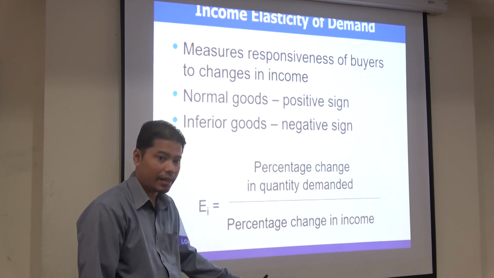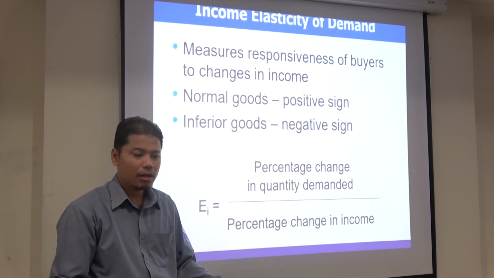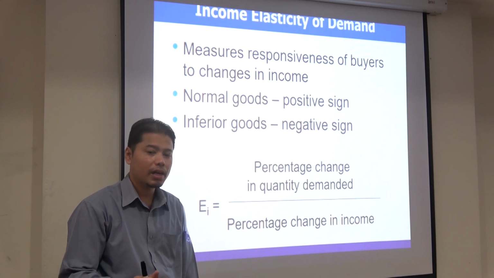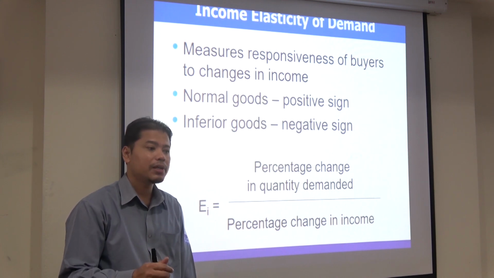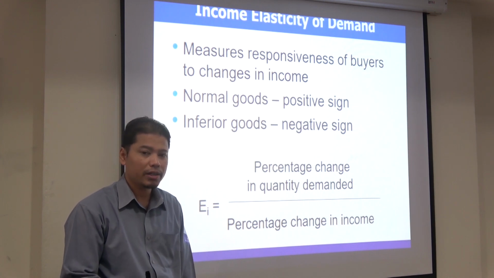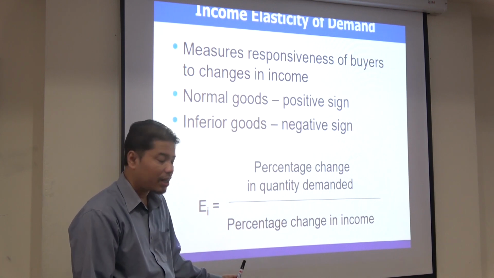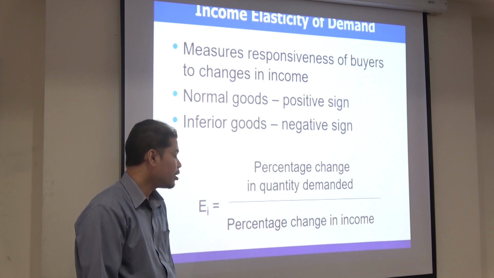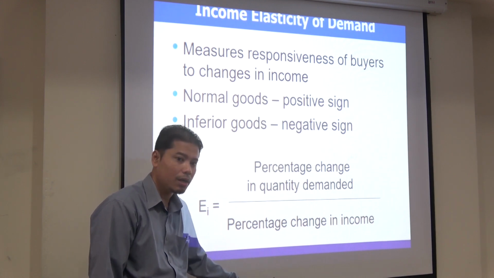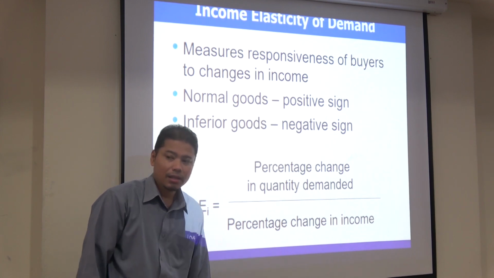Similarly, if the income of the people declines, let's say in the current situation where we have an economic crisis, so many people lose their income. So many people decided to cut down on their expenditure, buying cheaper substitutes from what they used to buy. So these products, which are inferior products, will be highly demanded nowadays, because the income of the people is lower, so quantity demanded for inferior products will be higher.